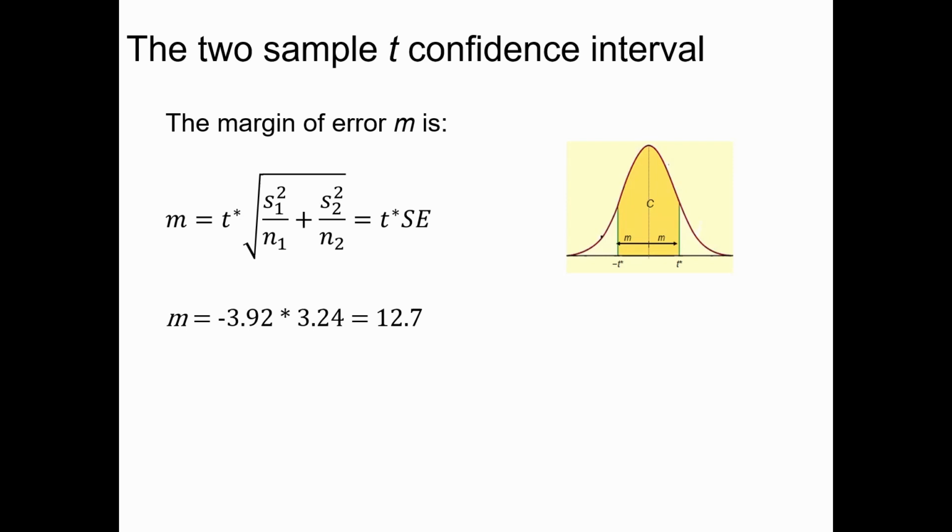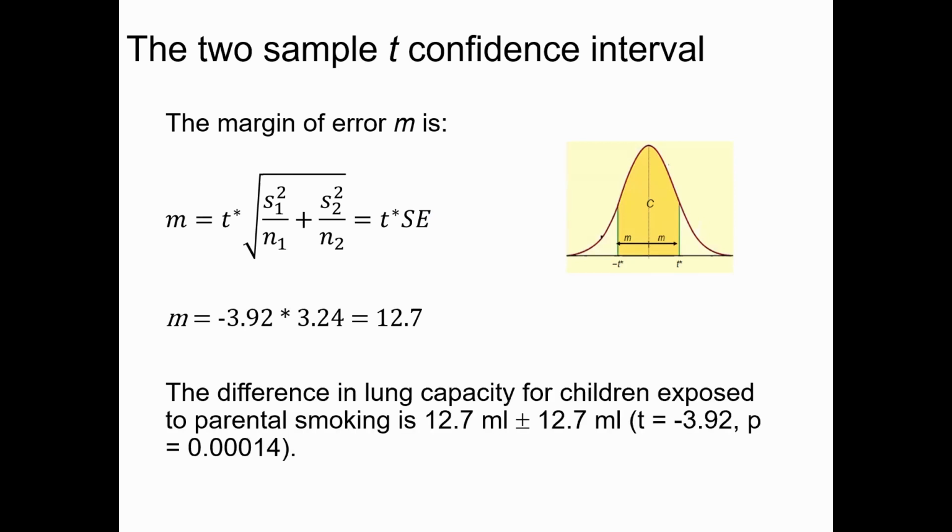So here we would have negative 3.92 times 3.24, which is equal to 12.7. And if you wanted to write your conclusions with confidence intervals, you could say the difference in lung capacity, or FVC, for children exposed to parental smoking is 12.7 milliliters, plus or minus 12.7 milliliters here.